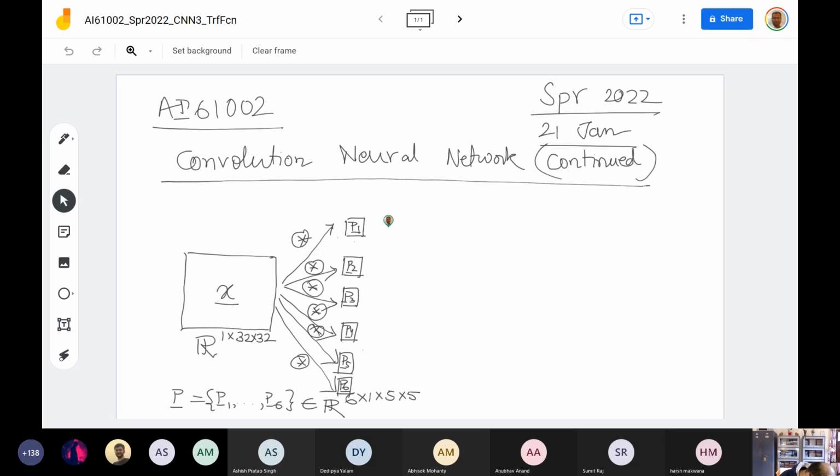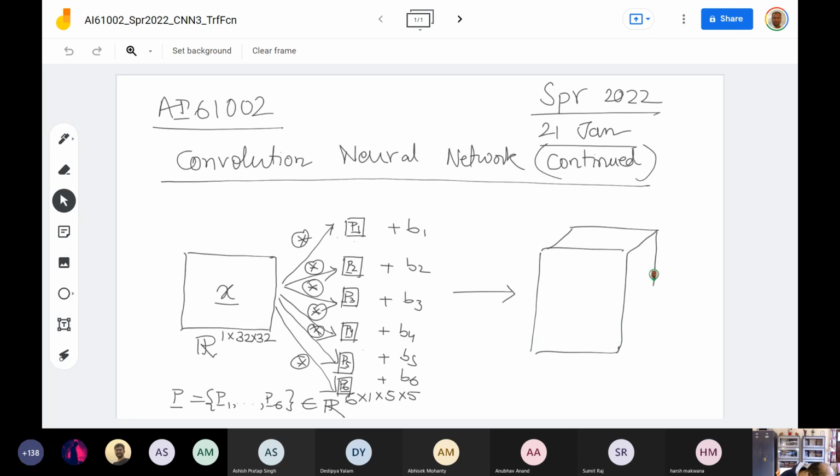And then I have my biases, B1, B2, B3, B4, B5, B6. As a result of this, I obtain an output tensor, which is Y. Can you please tell me what will be the dimensionality of Y?